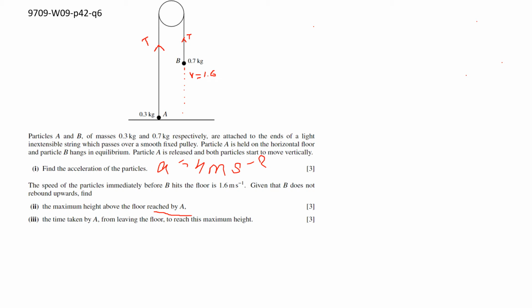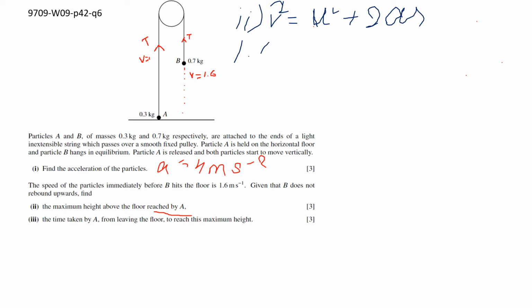So you need to think one thing: this velocity is equal to this velocity. So this is the same as this velocity. By this, let's do question number 2. We have v squared equals u squared plus 2as.